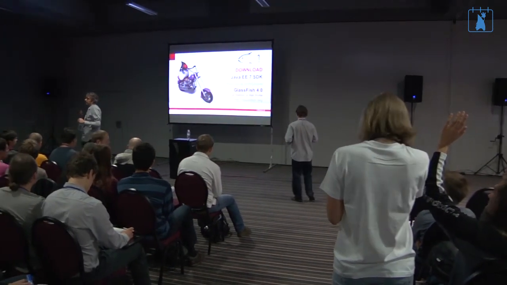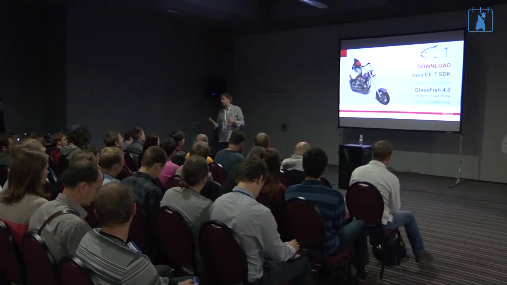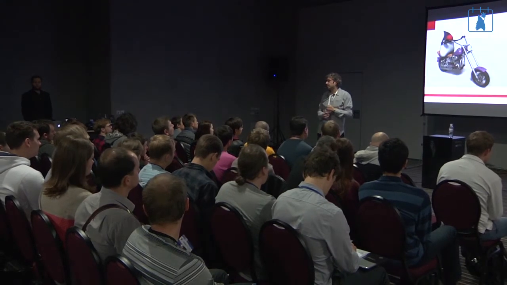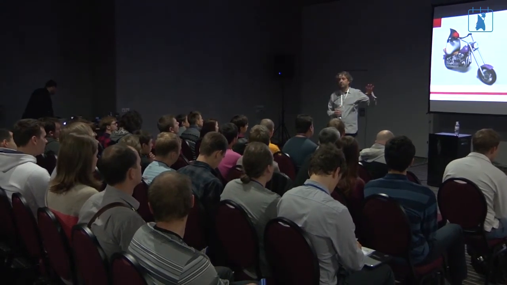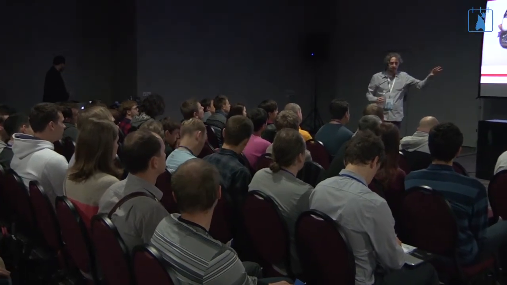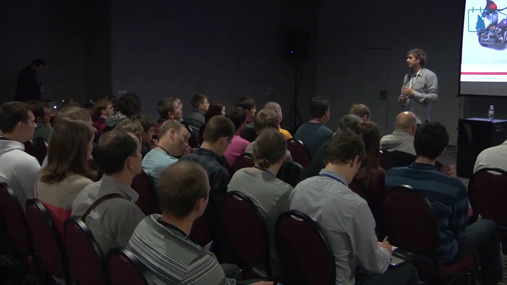But we don't have to integrate with Spring. If Spring wants to work on top of a Java EE 7 application server, maybe they have to do some things on their side. We don't want to put things in the specification saying you need to do that if you want to integrate with Spring.